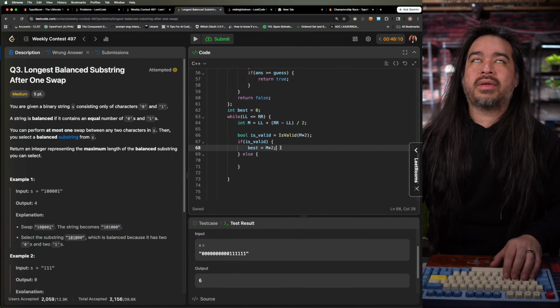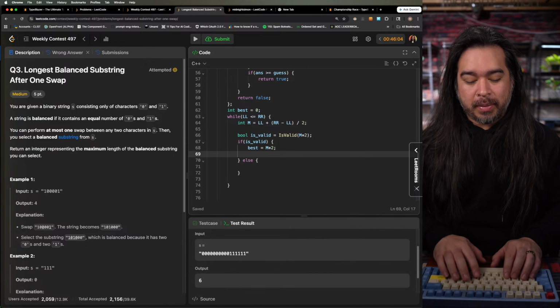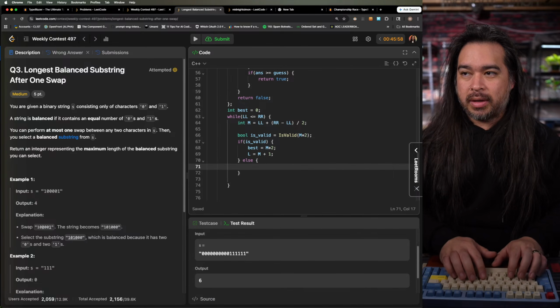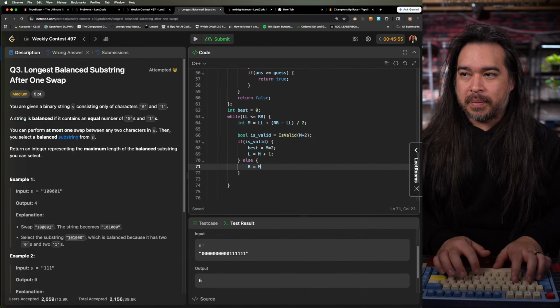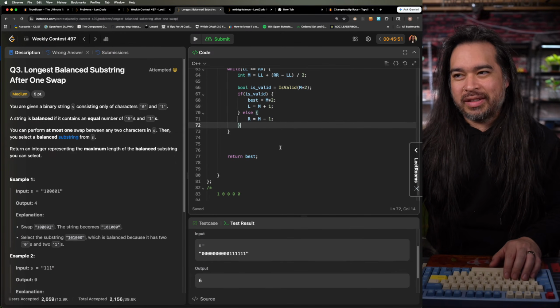And then we try bigger, we try smaller, we try bigger. So our left pointer comes up. And then if it's bad, we try smaller. It's a little jank, but we'll see.